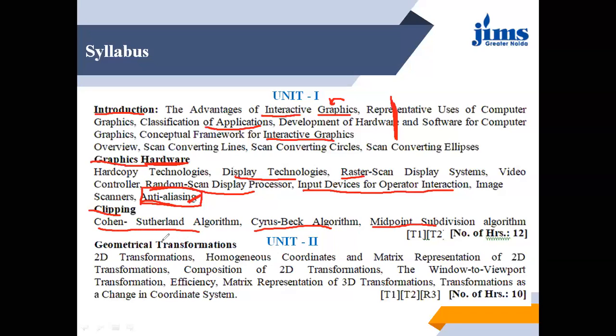In the second unit, we are concerned with the transformations of 2D as well as 3D objects. Transformation is a technique by which we can change the location or the shape of an object.